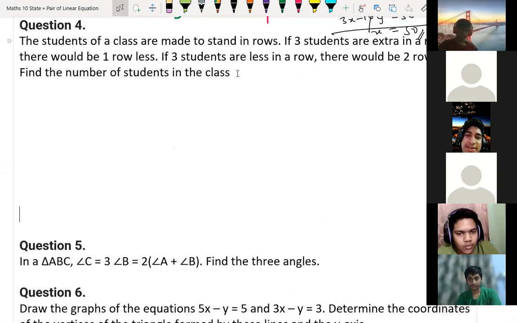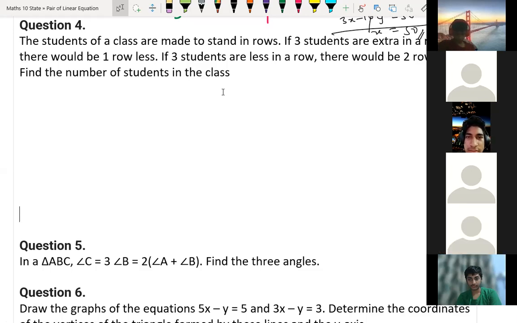It came in the exam, the same question. Okay, so let rows be x and columns be y like that only, no? Yes, sir. So how to do it? Tell me.